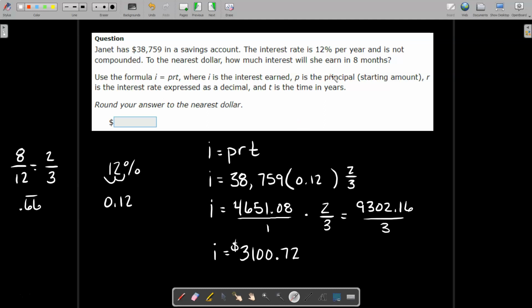And indeed, that is what they're asking for. It's asking us for the interest, so that's what we would put in the answer, $3,100.72.